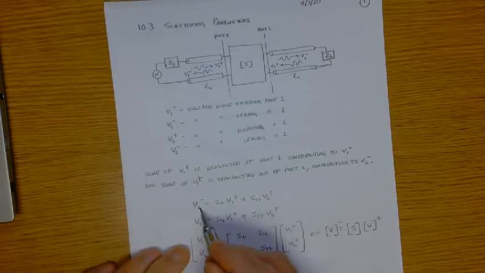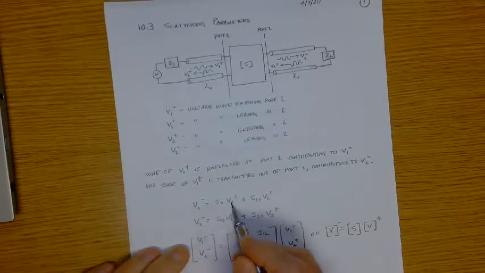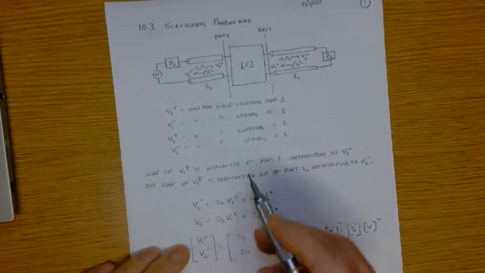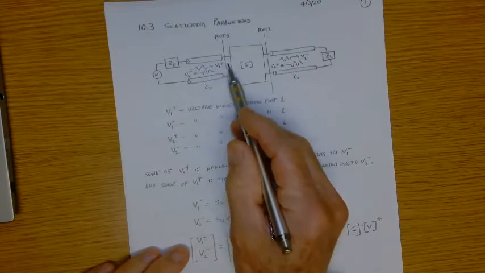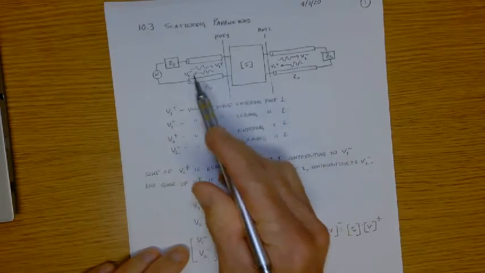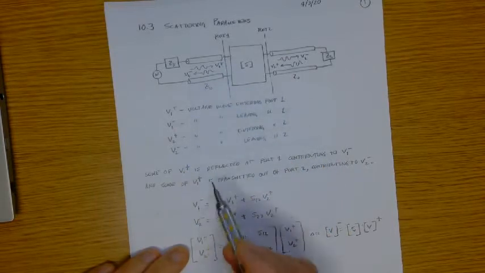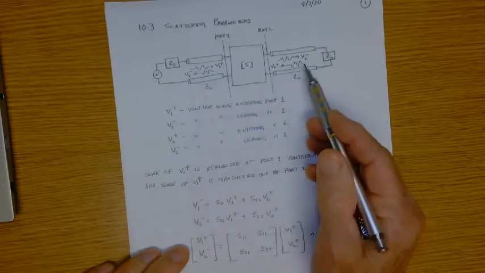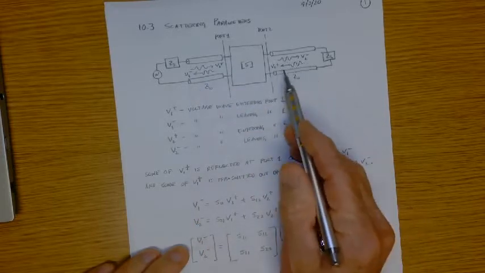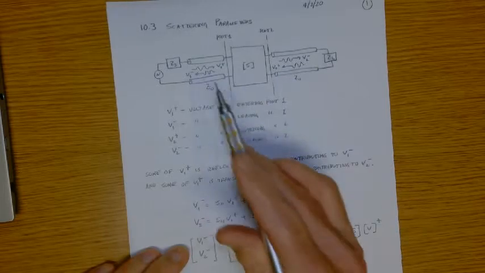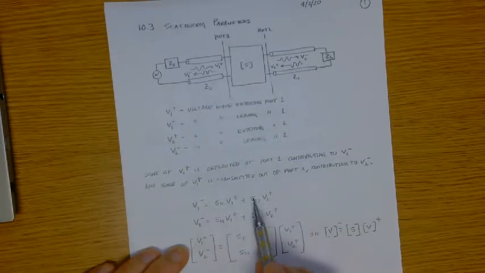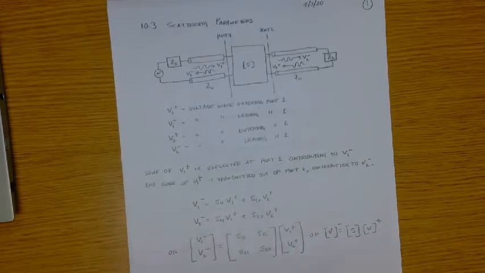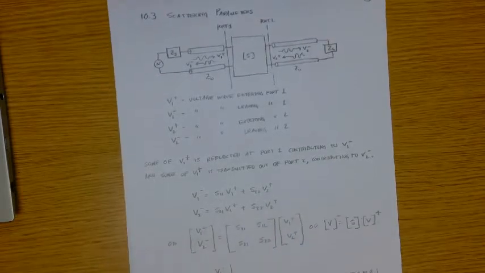So you get V1 minus is S11 times V1 plus. So S11 is the amount of incident wave that reflects at port 1 contributing to V1 minus, and V1 minus is also contributed to by V2 plus, right? Some of it makes it through the network and contributes to V1 minus, and the amount of that is the scattering parameter S12.